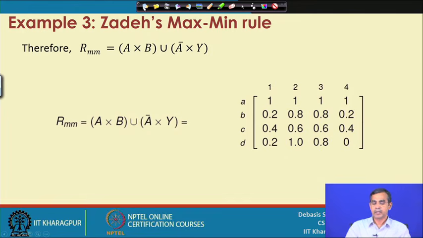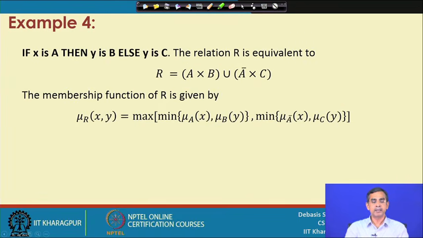Usually, in our illustrations in subsequent lectures, we follow the Jadeh max-min rule. Otherwise, you can practice or compute another relation matrix following another operation, like a T-norm operator or some other A coupled with B operation, whatever it is. So, this gives a calculation for a rule: if x is A, then y is B.